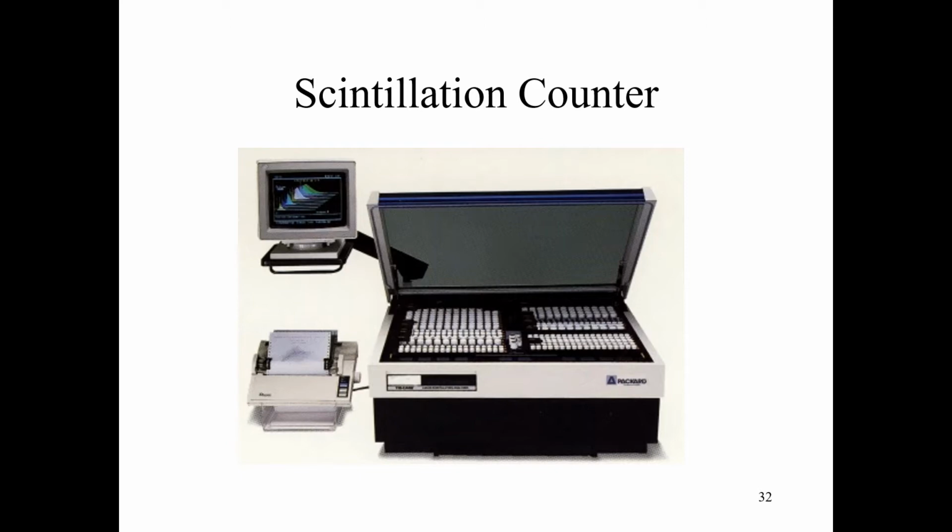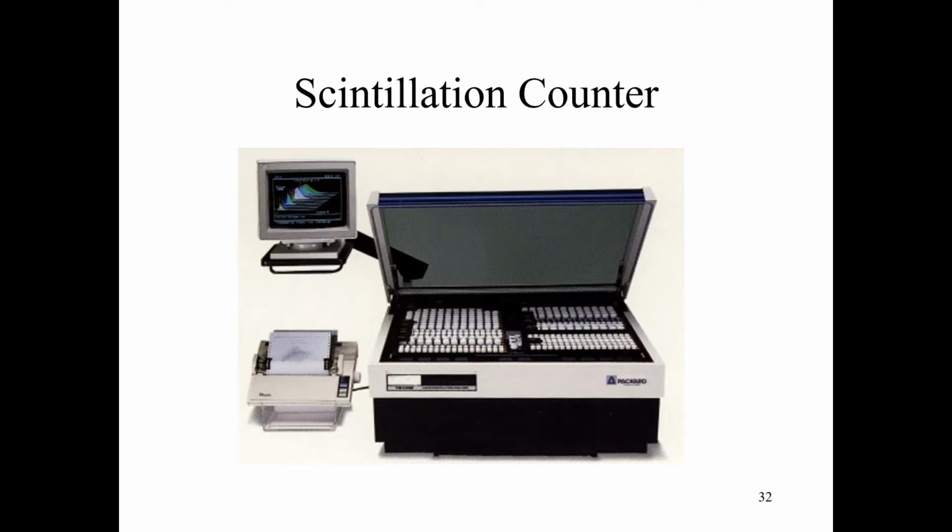So what you can do is submerge your sample in a substance called a scintillator, that fluoresces, in other words, that takes that energy and re-emits it in the form of visible light when it's ionized. And so this fluorescence can be amplified and detected in the counter.